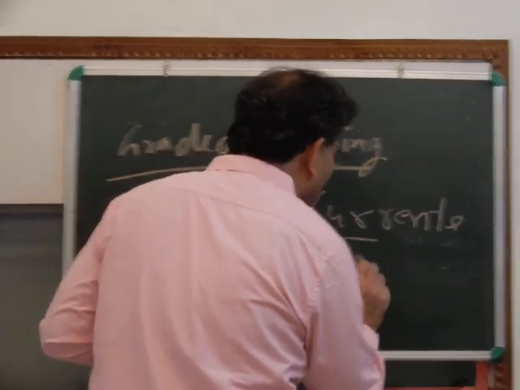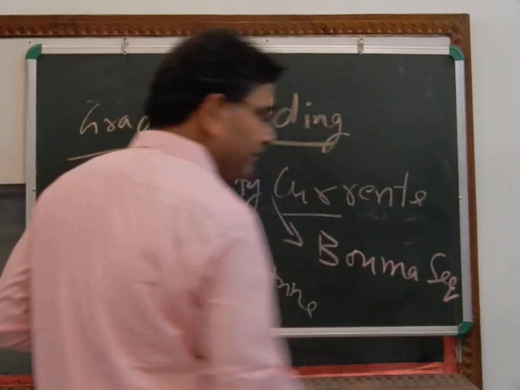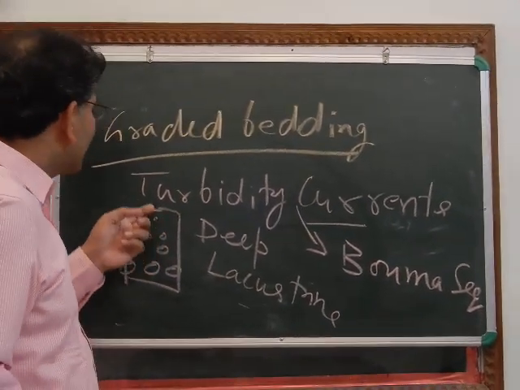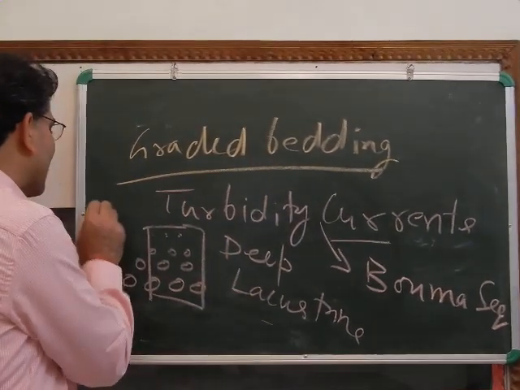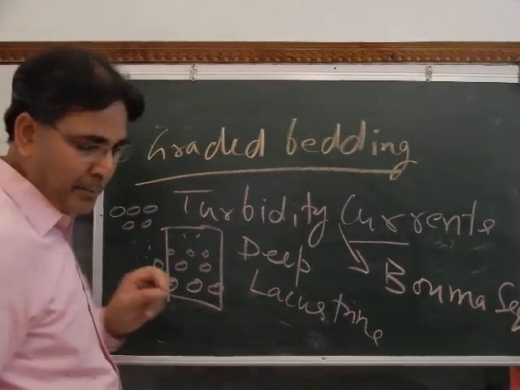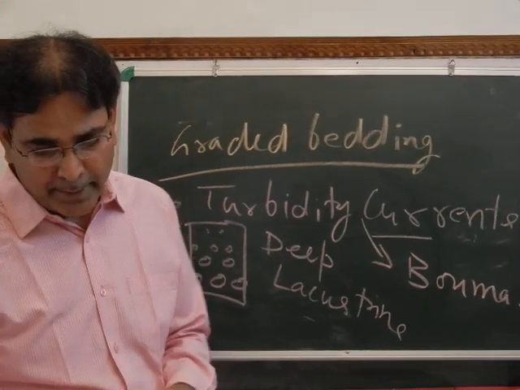This sequence is also known as Bouma sequence, that we will discuss again in detail in deep sea environment. Sometimes we can also visualize reverse graded bedding, in which we get the coarser sediment at the top and the finer sediments at the bottom. This is known as reverse graded bedding.